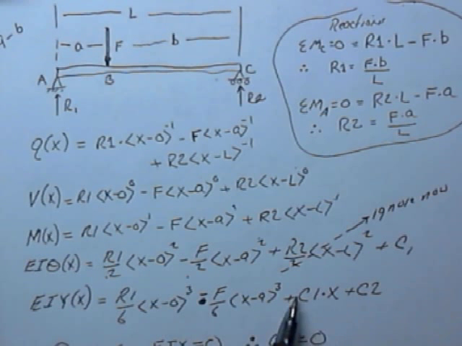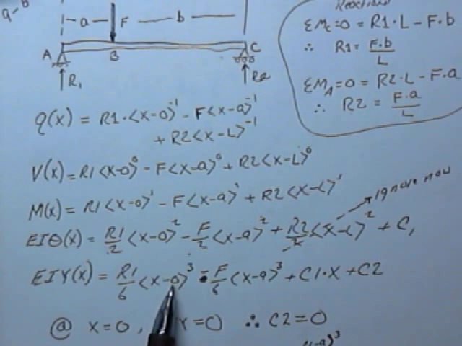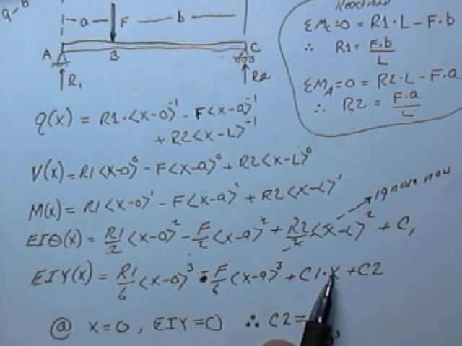And x equals 0 here is 0. The only thing that's left that's not 0 is the C2. Therefore, C2 is 0. Again, very important. x minus 0, this term turns on at 0, just barely, but it's equal to 0. This term doesn't turn on, so that's equal to 0. That one does.